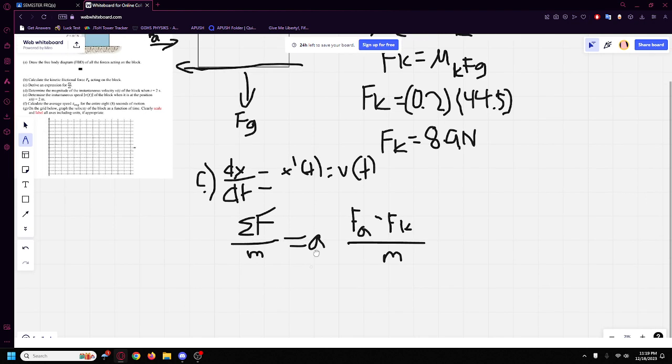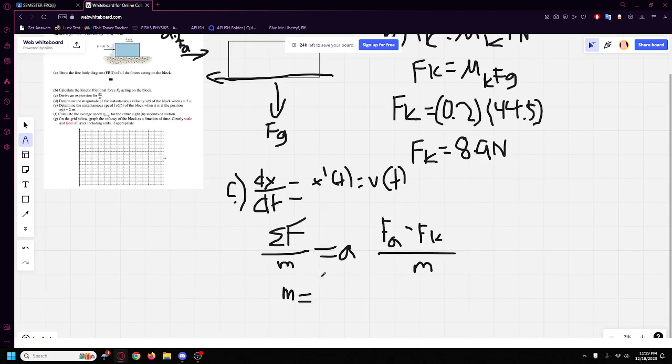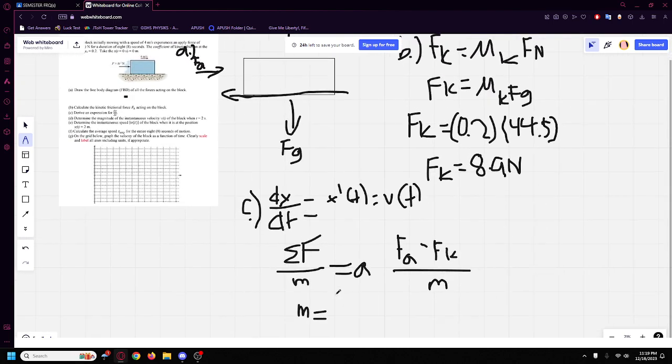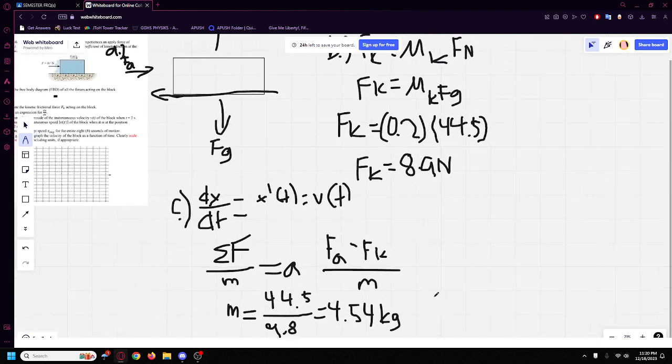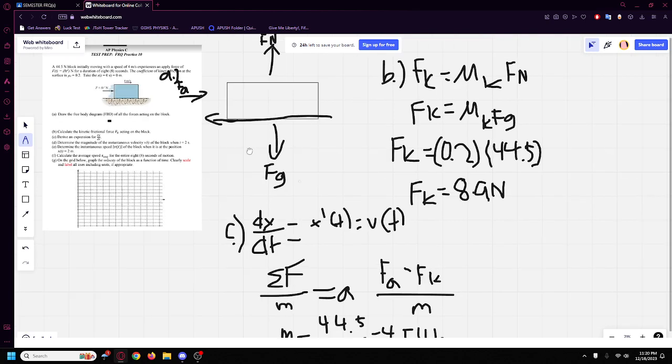The mass can be found by dividing the weight given, 44.45, over 9.8, which is about 4.54 kg. Fa is given to us as 8t squared.